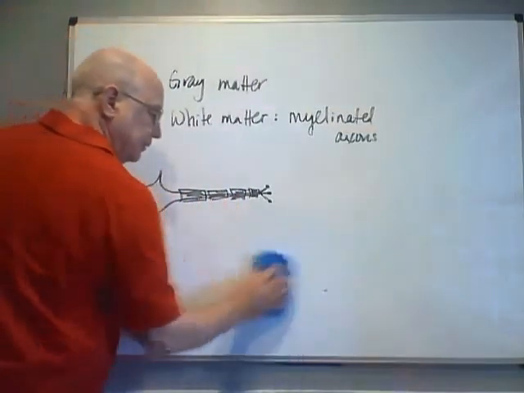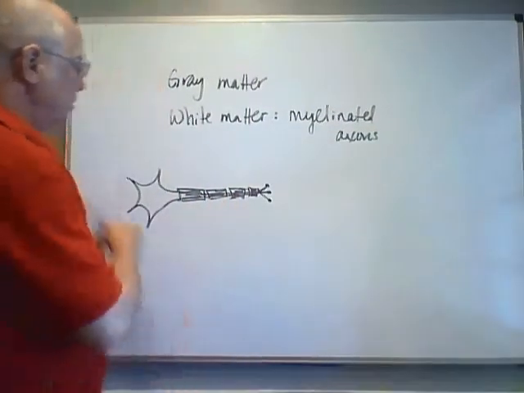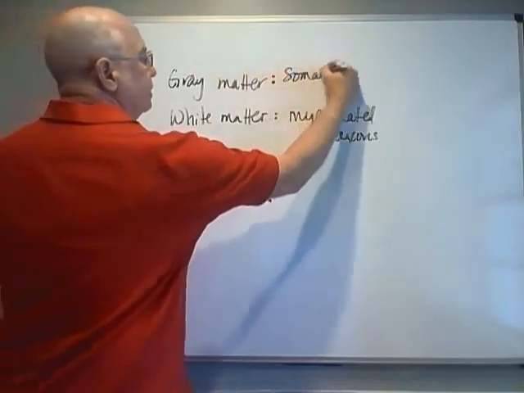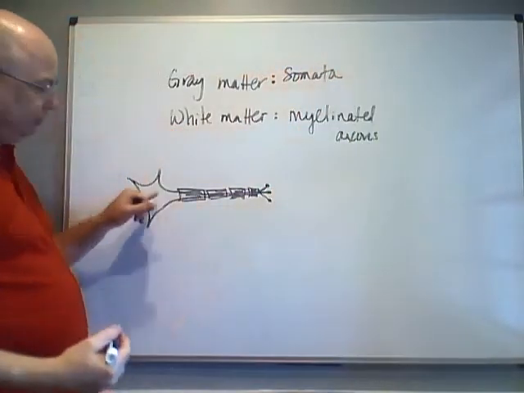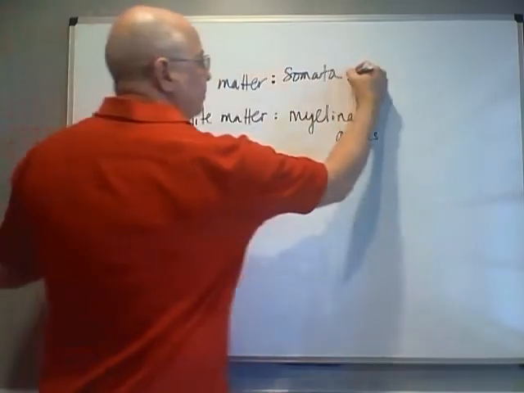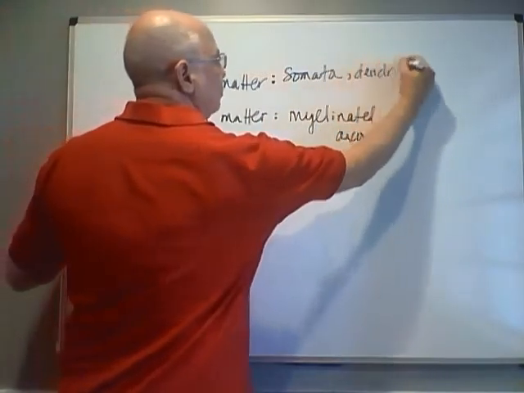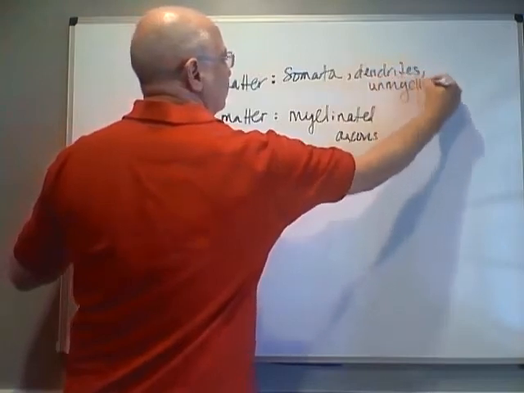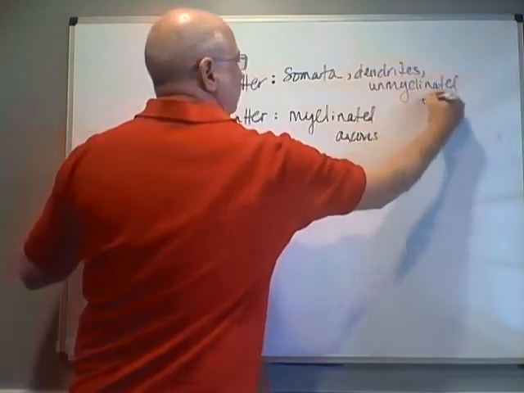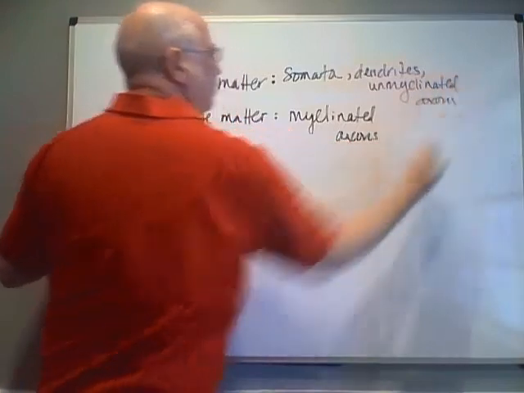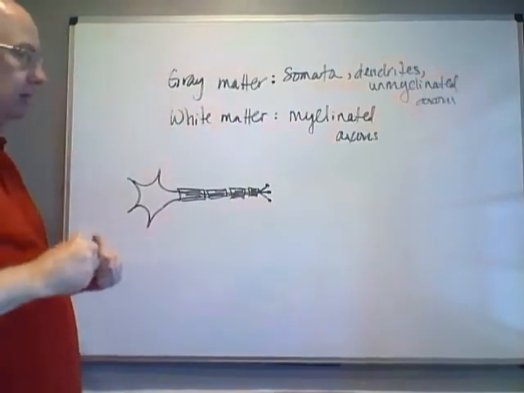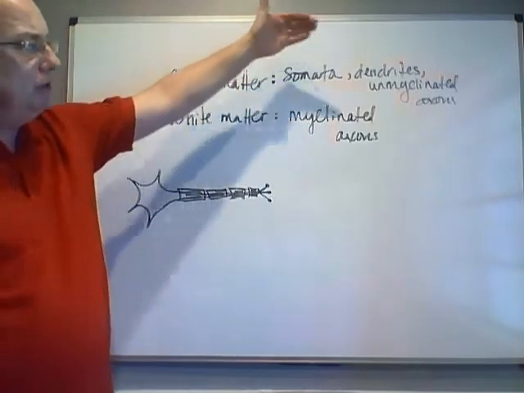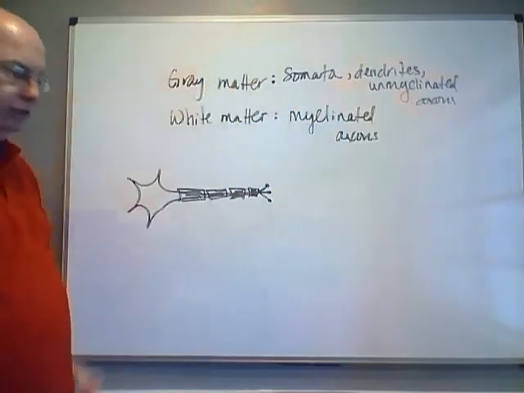Now, gray matter is made up of somata, which is plural for soma, dendrites, and unmyelinated axons. So whenever we're talking about gray matter or white matter, we're talking about either myelinated axons only, or somata, dendrites, and unmyelinated axons.